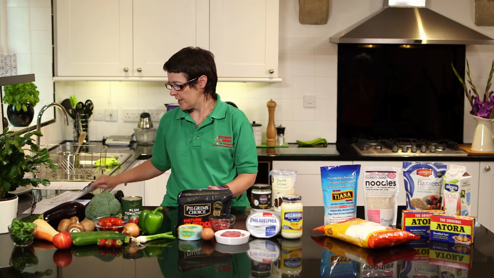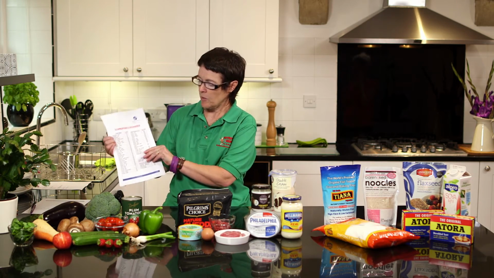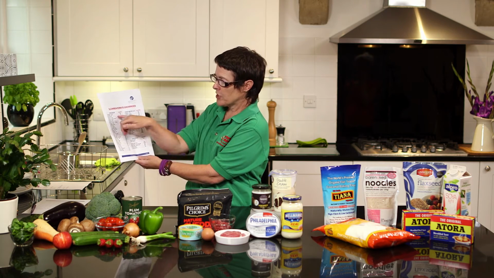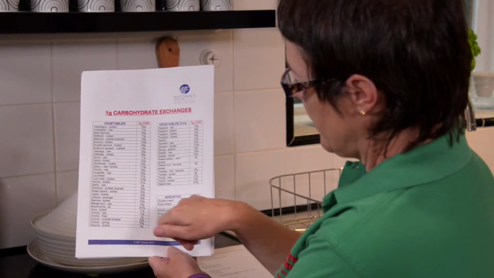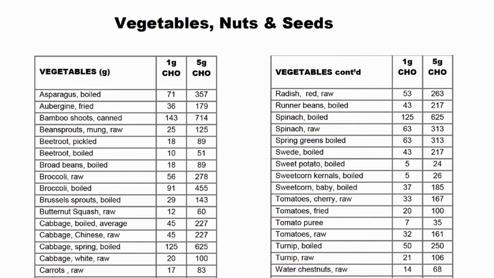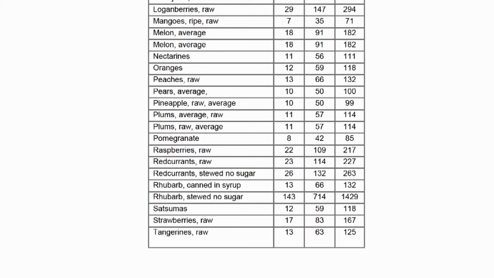The exchange list. This is the carbohydrate exchange list, and what it does, it gives you the vegetables or fruit and sometimes some of the fats that may have a little bit of carbohydrate in them. Each of the vegetables and fruit come in 1 gram values. So you get 1 gram of carbohydrate in, say you have strawberries, you might get 17 grams for 1 gram of carbohydrate.